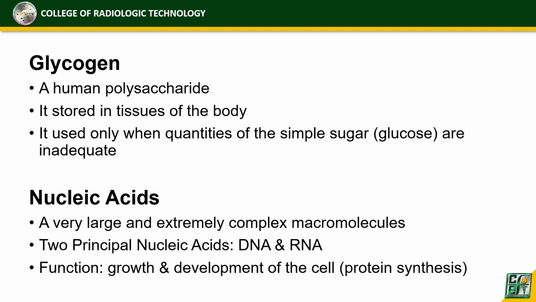And then nucleic acids. So these are very large and extremely complex macromolecules. So the two principal nucleic acids are the DNA and the RNA. So its function is the growth and development of the cell or protein synthesis.